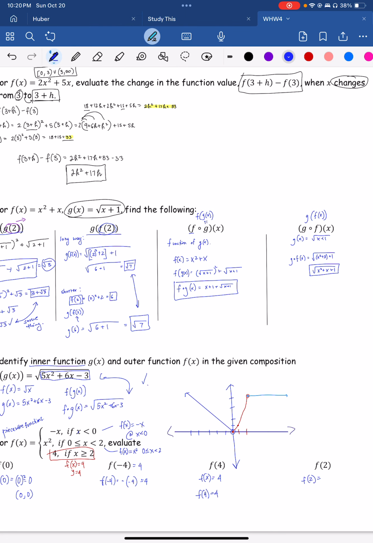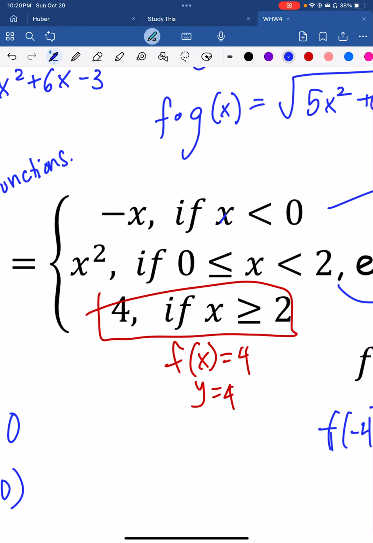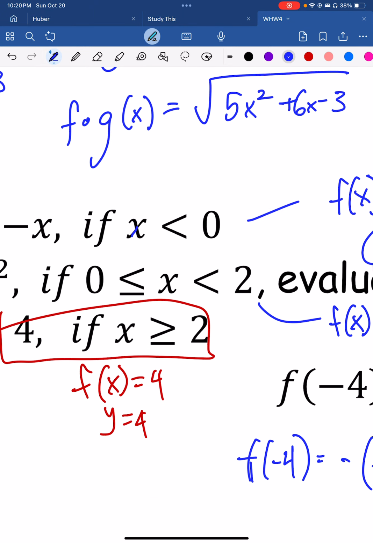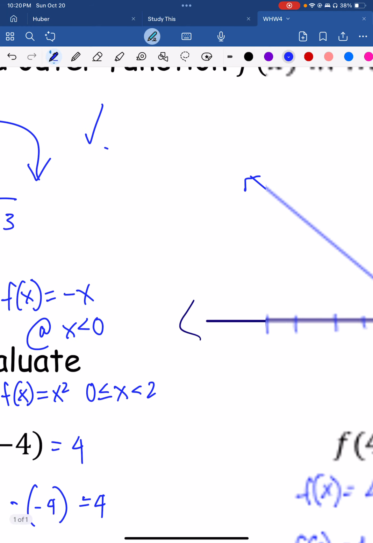F of 2. I noticed that 2 is part of the inequality and is stated explicitly in 2 of my piecewise function domains. So I look at the signs. One of them is equal to 2 and one of them is less than 2. So I know I want the equals one.